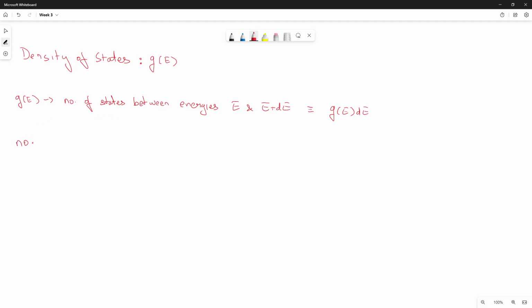If I have to define the number of states between energy values E1 and E2, where I assume that E1 is less than E2, then that is given by the integral from E1 to E2 of g of E dE.